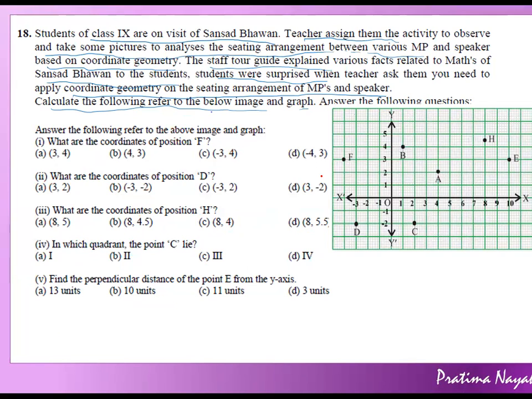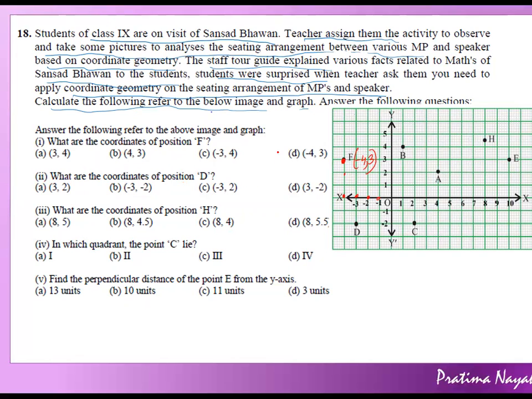First, let us see where is F. F is here. So what is its coordinate? Minus 1, minus 2, minus 3, minus 4, then 1, 2, 3. So this point is minus 4, comma 3.